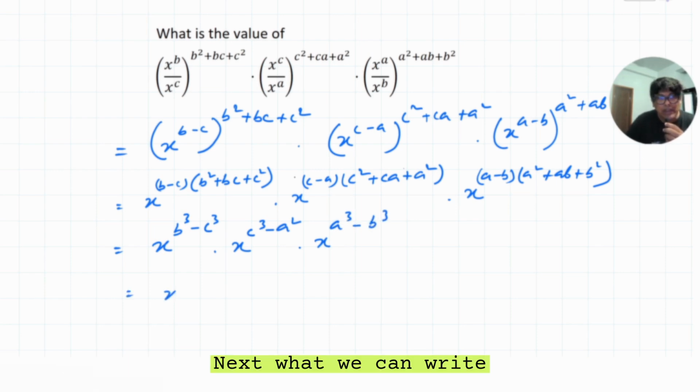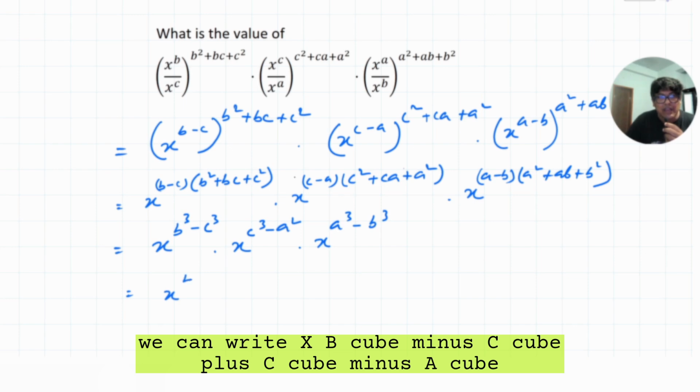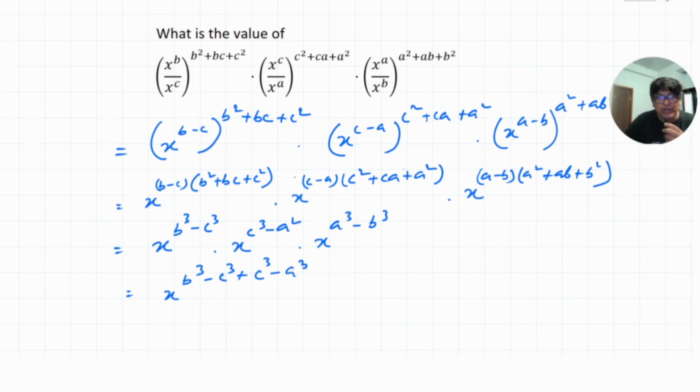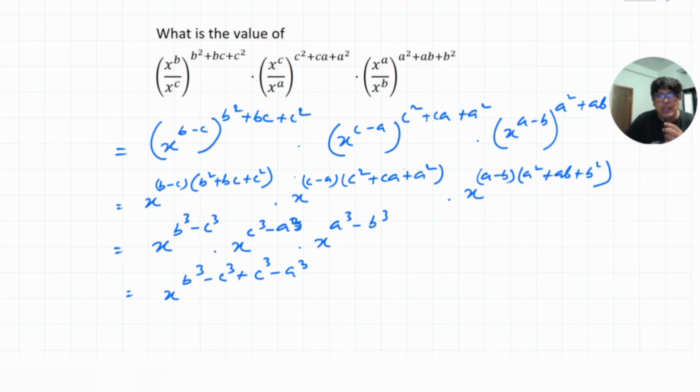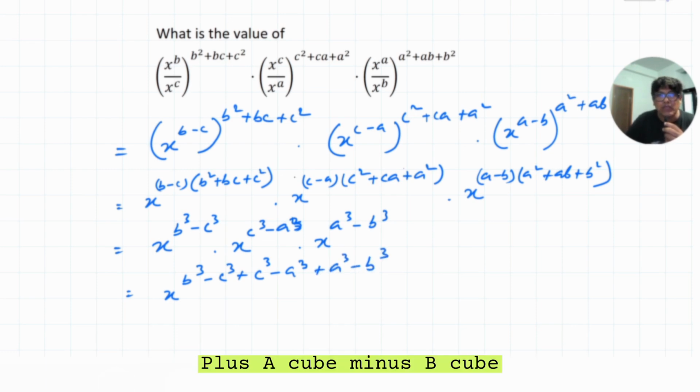Next, what we can write? We can write x to the power b cube minus c cube plus c cube minus a cube plus a cube minus b cube. I'm so sorry, the last one is a cube minus b cube.